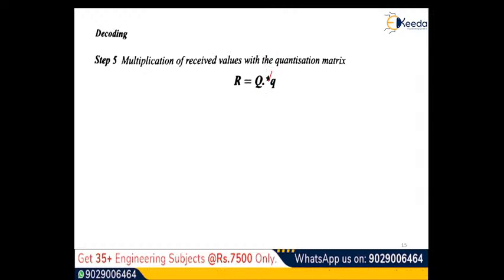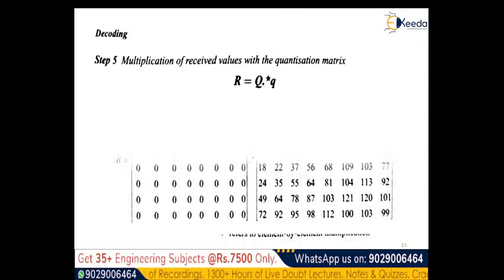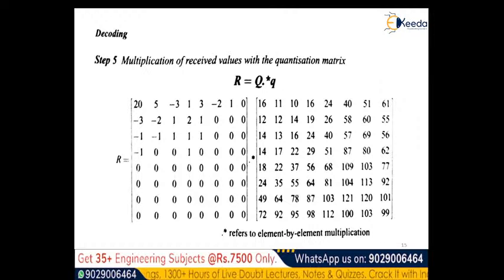If it were a division, with dot slash, it would be element wise division. So whenever a dot is provided before the notation of the operation in the syntax, it is an element wise operation. We just have to substitute the capital Q matrix from the previous slide and the small q matrix from the problem statement. So we shall be obtaining capital R. This is the next stage.